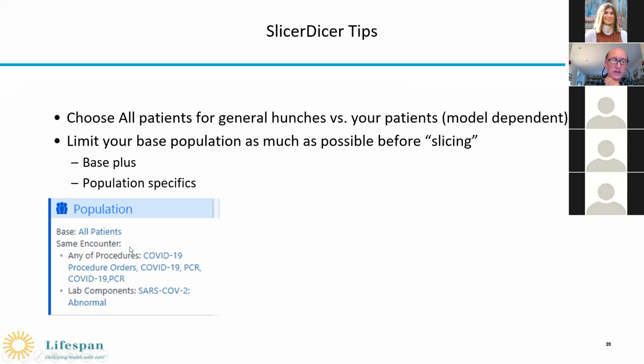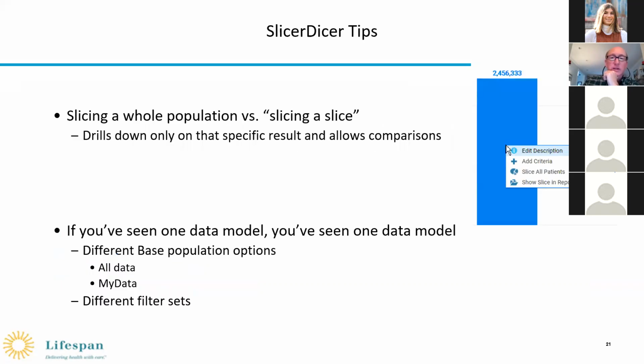So I put in patients who had COVID tests, and specifically I was looking at abnormal SARS-CoV-2 tests. You'll see this when I show it, but that vertical bar of 2.4 million patients, you can compare by clicking on the slice all patients, and you'll see that in a little bit. Okay, so that's a right click on the bar itself.